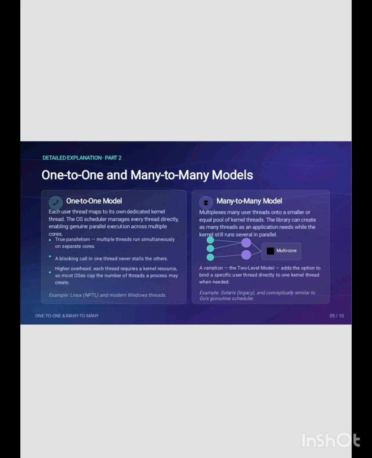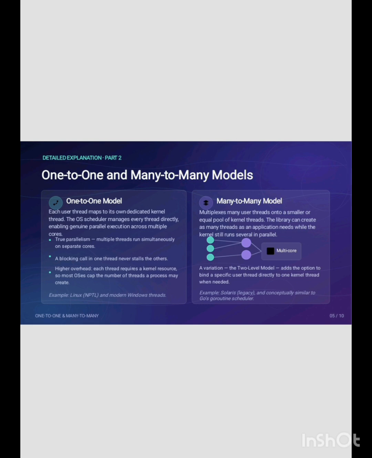Second, the many-to-many model. It multiplexes many user threads onto a smaller or equal pool of kernel threads. The library can create as many threads as an application needs while the kernel still runs several in parallel.